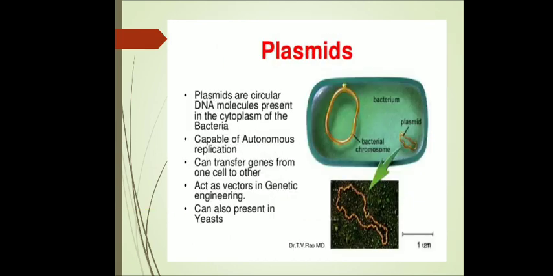The first and most important extra-chromosomal genetic material is the plasmid. Plasmids are extra-chromosomal, circular, double stranded DNA molecules present in many species of eubacteria and archaebacteria.